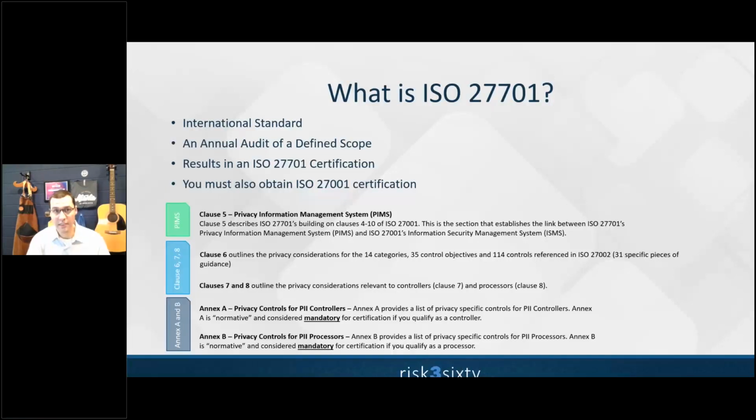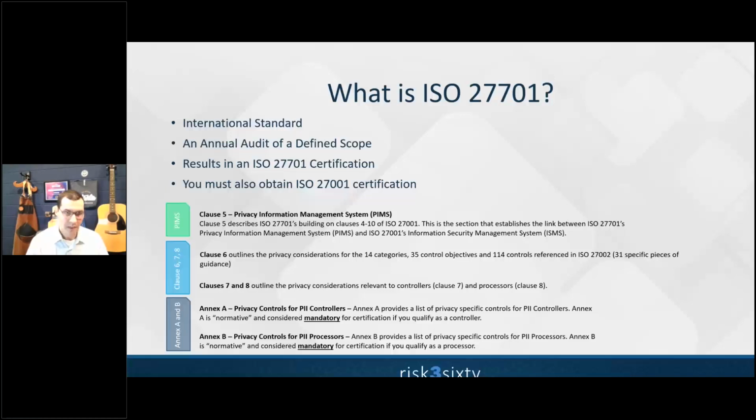Clause 6 of 27701 expands the implementation guidance for the ISO 27001 Annex A controls. So from those 14 categories, 114 controls, etc., there are 31 that have a specific expansion for privacy.